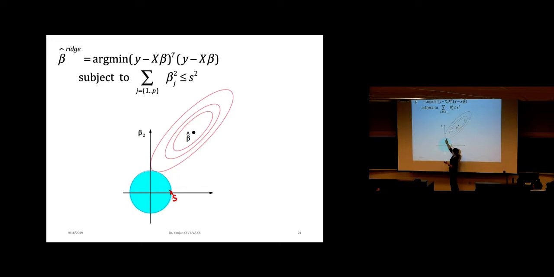Of course, this point compared to every point here has a lower sum of square error loss. I hope this is a little bit clear.